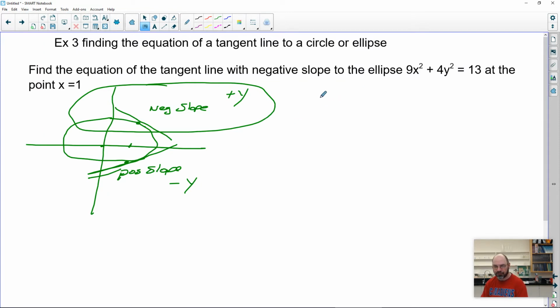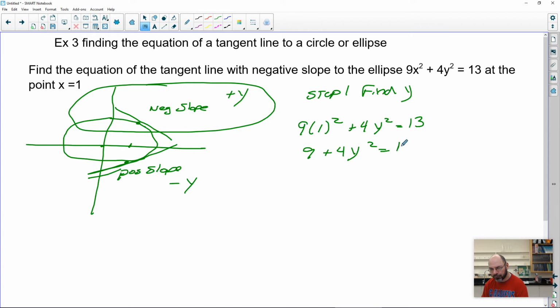So let's solve it. Step 1, find y. Let's plug in 1 for x. 9 times 1 squared plus 4y squared equals 13. This is 9 plus 4y squared equals 13.